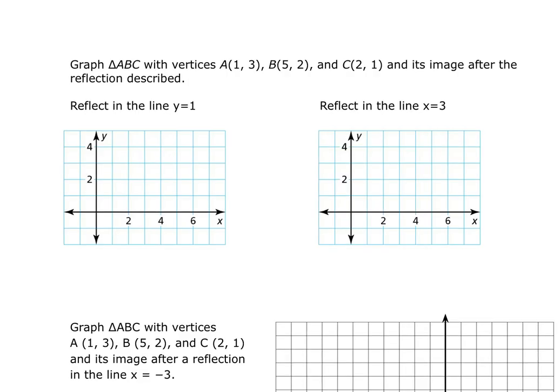Okay, first thing we're going to do is we're going to plot these points and make a triangle. It says triangle ABC. I'm going to go ahead and do that on both of these because we're using the same triangle for both of these problems.